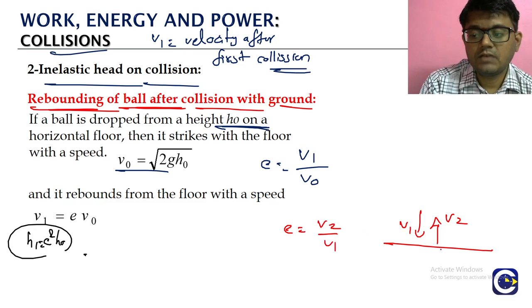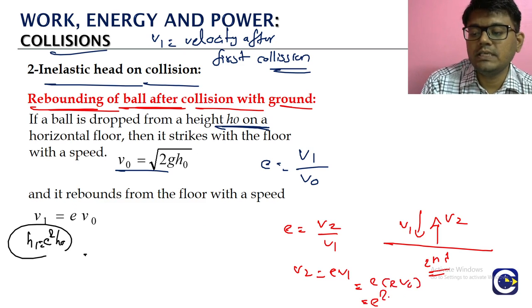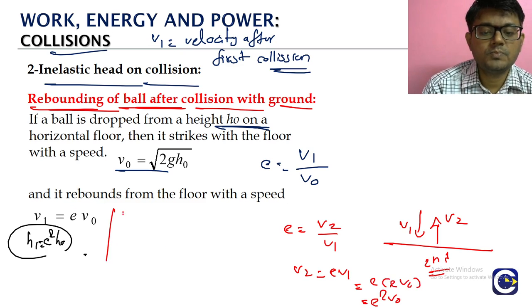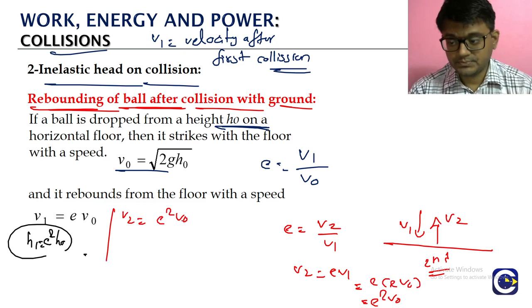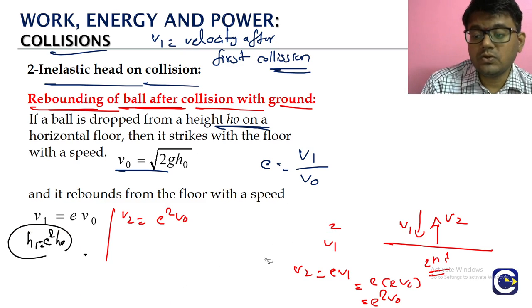We are looking at the second collision, so v2 is equal to e into v1, and e into v1 means e into e v0, so we get e square into v0. After the second collision, what is the velocity? It will be e square into v naught.